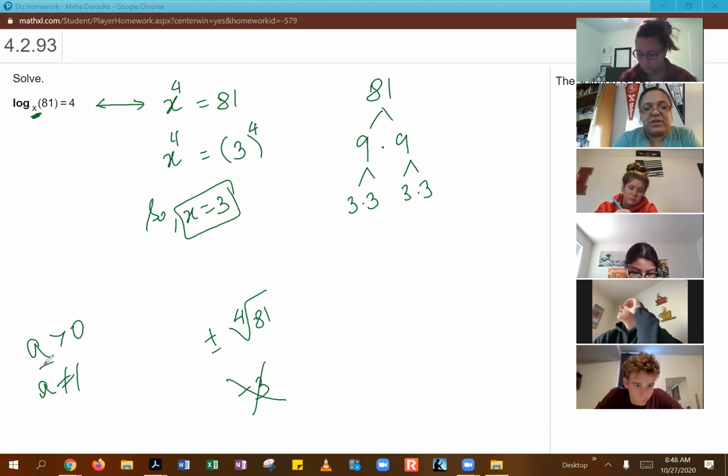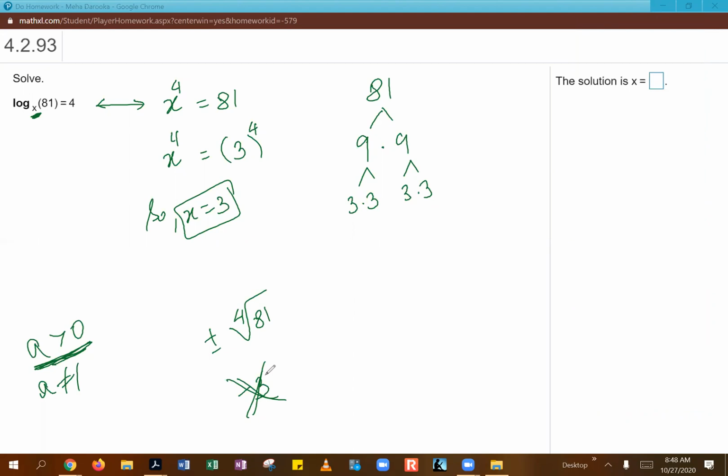So since we have restrictions on what our base can be, we cannot use a negative value for x in this case. So just be careful if you do use the 4th root. We are only interested in the positive root, not the negative root, and that's why you only get one answer, x equals 3 in this case.